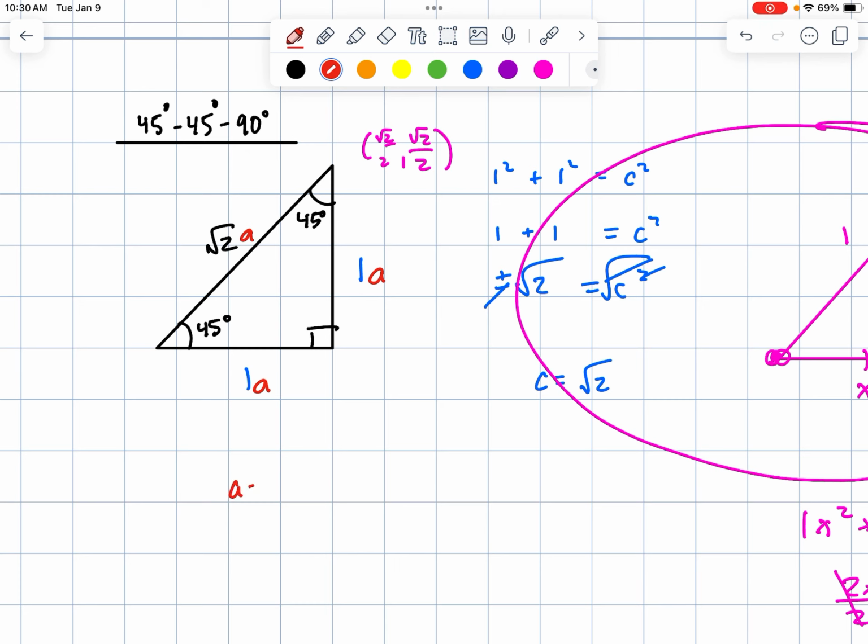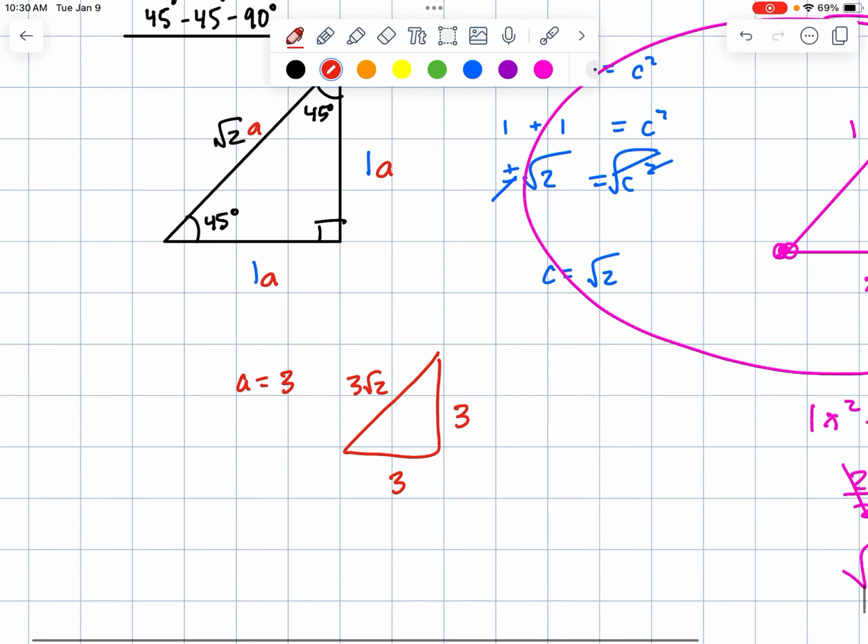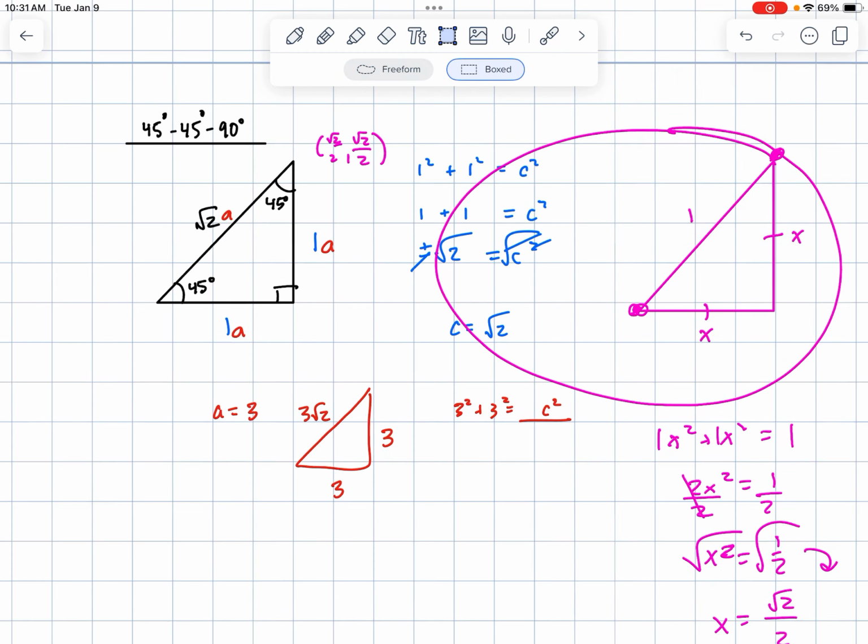For instance, if a is equal to 3, then the lengths would be 3, because 1 times 3 is 3, 1 times 3 is 3, and this would be 3 root 2. If you don't believe me, try this out: 3 squared plus 3 squared is equal to c squared, and see what you get. So that's a 45, 45, 90.